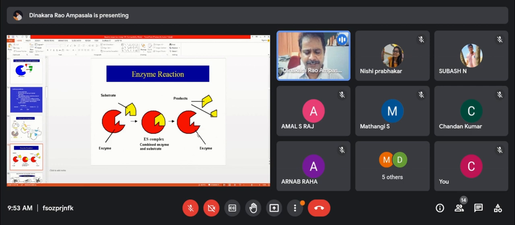Okay, so the enzyme will again come back to its original position, and if the substrate is there, it may interact with the substrate and form an enzyme substrate complex, and again it will go like a cycle. Okay, so in this process the enzyme will not be consumed. That is the main thing. The enzyme will not be consumed, and only the substrate will change its character from substrate to product.